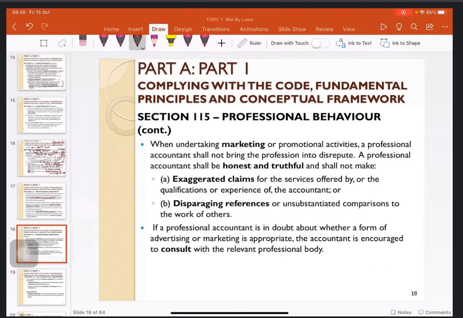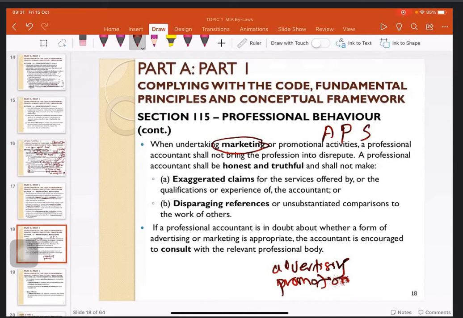Okay, in relating to marketing ni kita ada 3 ya. APS. A adalah advertising. P adalah promotion. This one kita akan cover detail later on. S adalah solicitation. Okay.